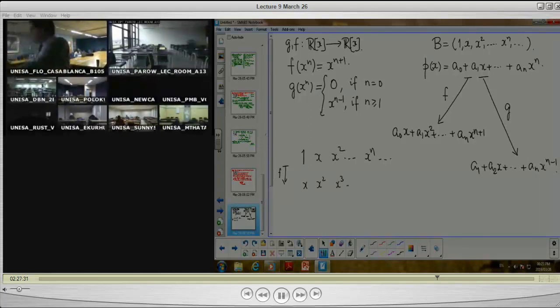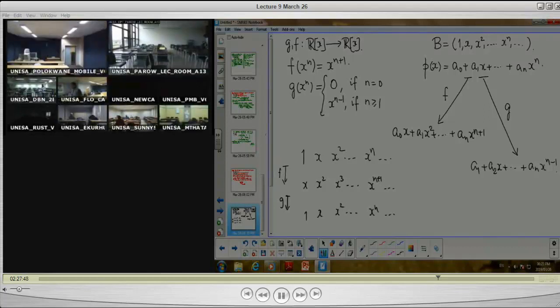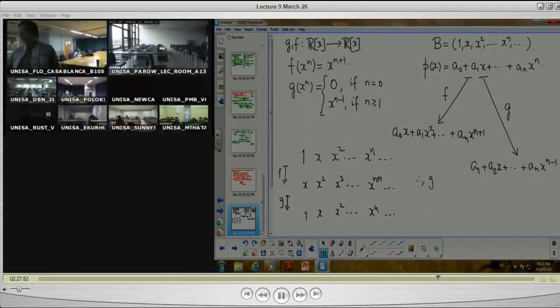Therefore G composed F is the identity. How do we know that? If you have a relation on the basis elements, G composed F takes 1 to 1, x to x, x to the power n to x to the power n. It must take any polynomial to itself, by the same logic of extension. So G composed F is the identity.